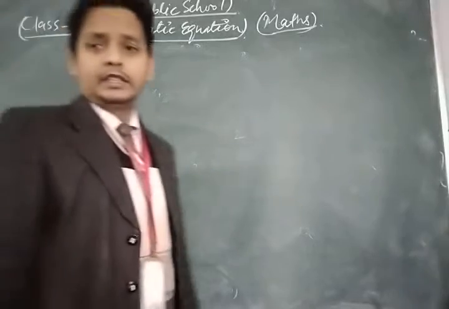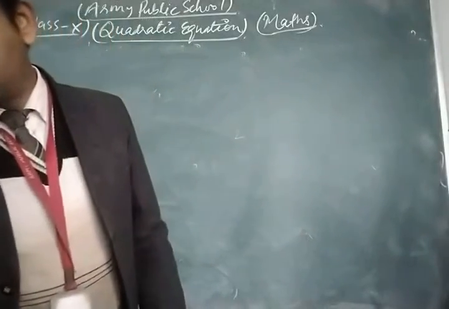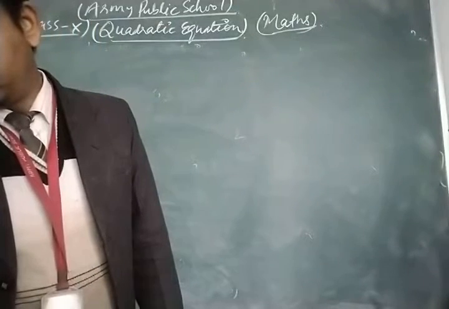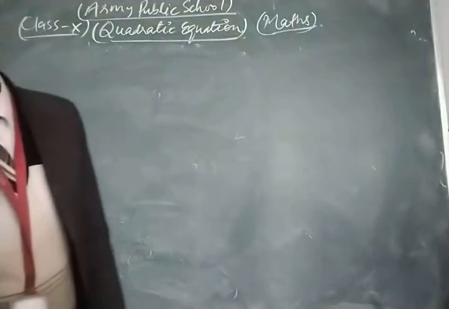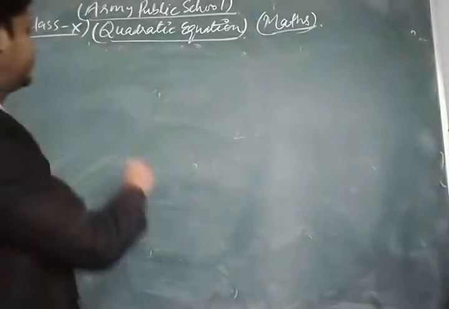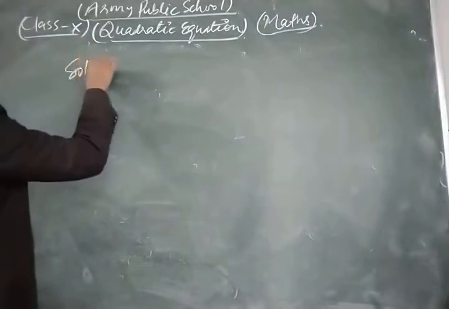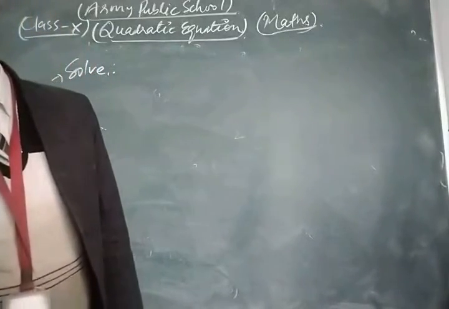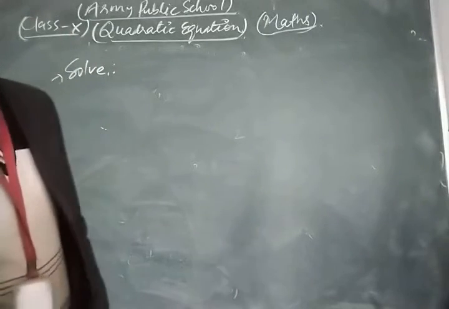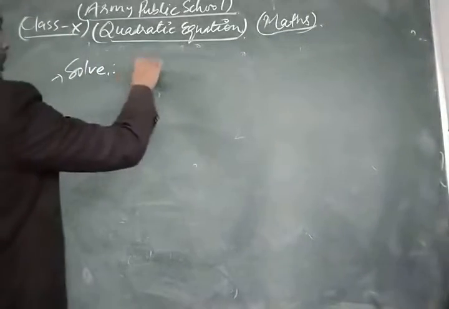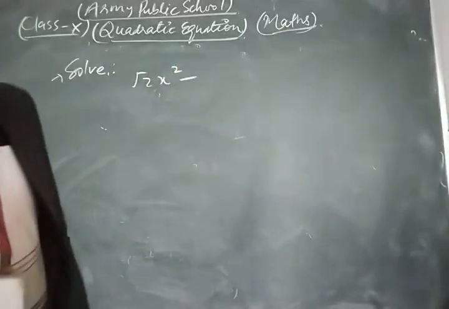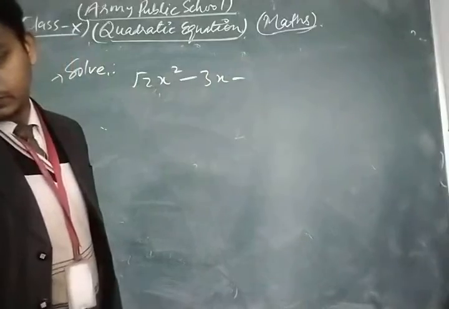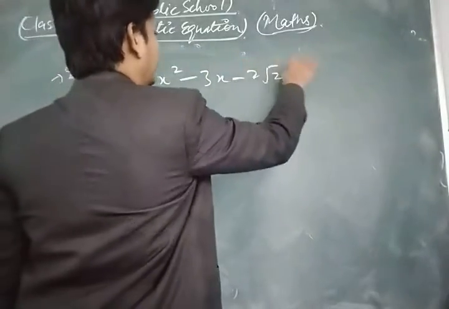Based on these topics, we take a very simple question. Solve the equation root 2x squared minus 3x minus 2 root 2 is equal to 0.